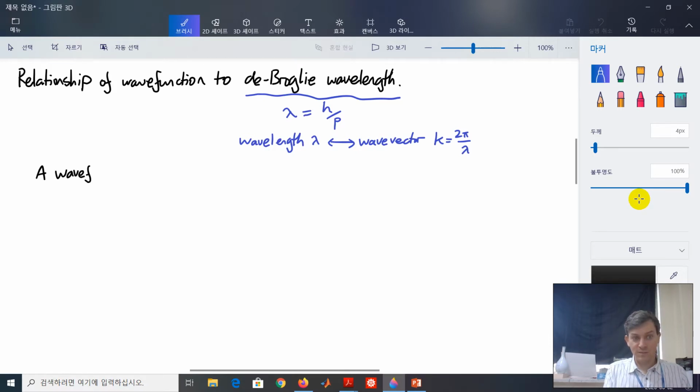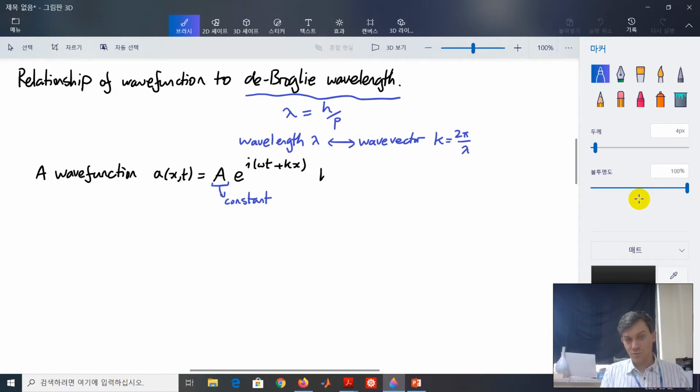So a wave function which is a pure plane wave of this form, okay, where here a is a constant, no longer a function of x. This is a wave function with momentum given exactly by the de Broglie formula there.